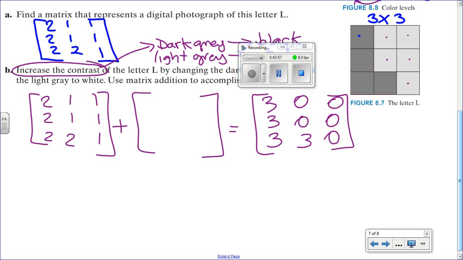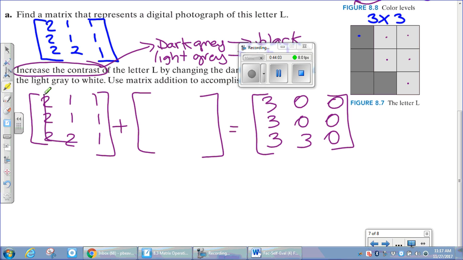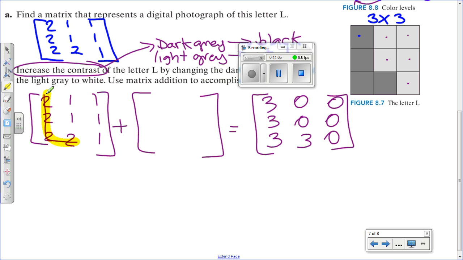So what do you need to do to the 2s here? Add 1. So we're going to put 1, 1, 1, 1. And then what do we need to do to the 1s to be 0s? Subtract or add a -1.